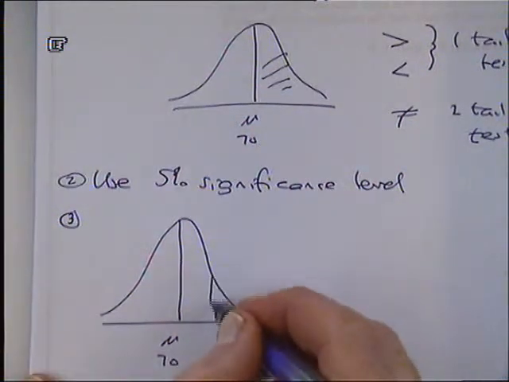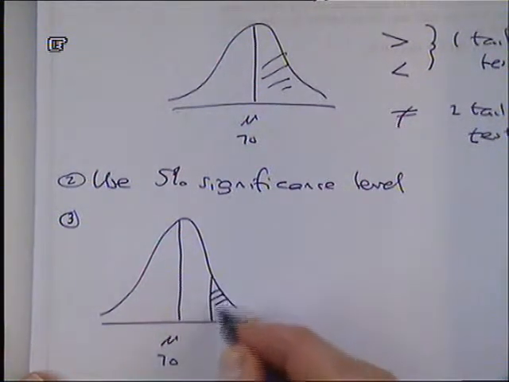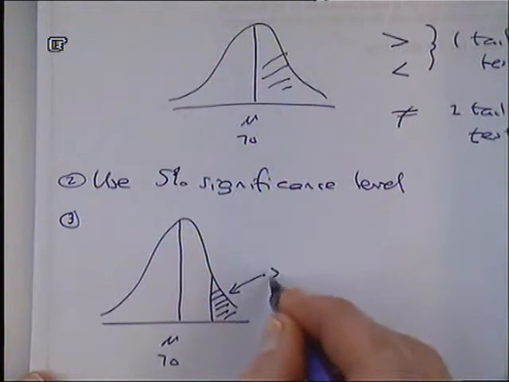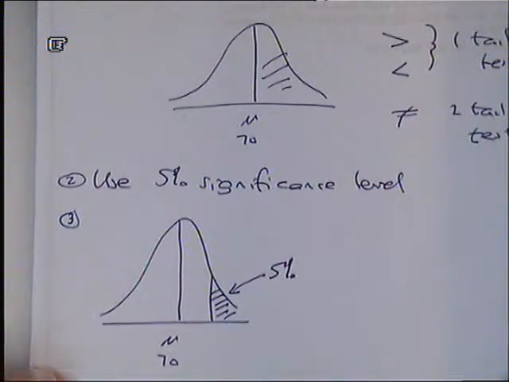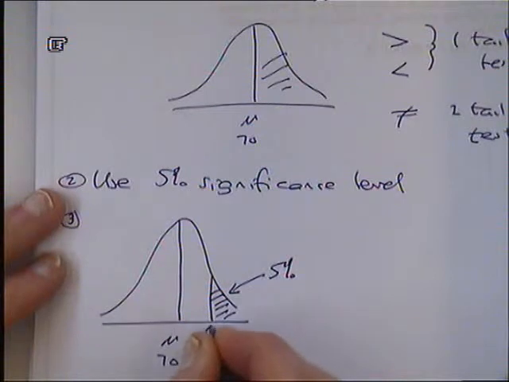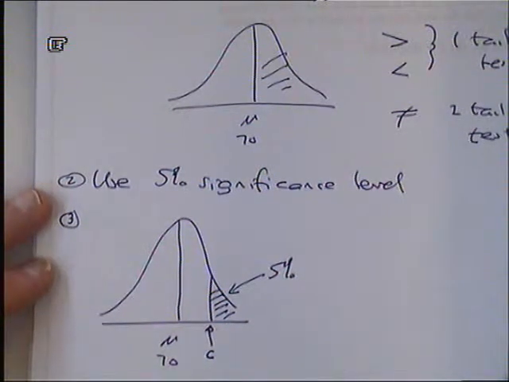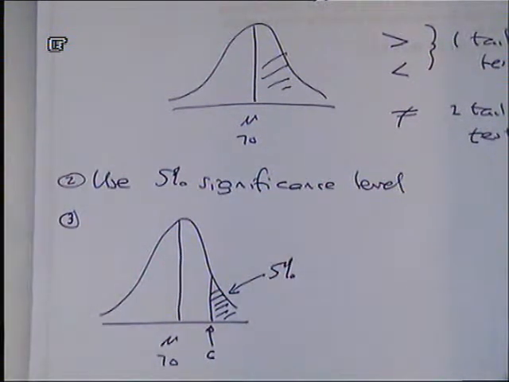So, put somewhere on here, do some shading in. That shading in is supposed to represent 5% of your area. We mentioned a critical value. Our critical value is going to be a weight called C, where 5% of the weight exceeds C.